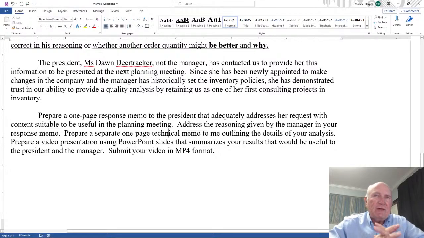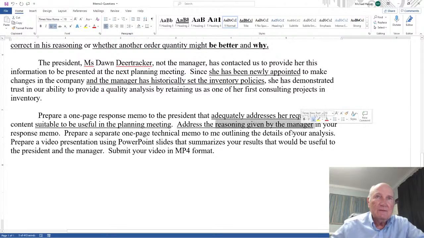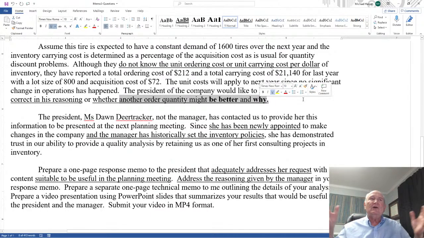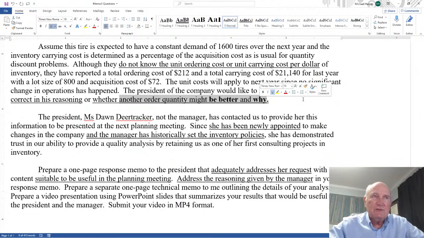Okay, but be very careful that you address the reasoning and you give them enough information on a quantity that's better and why, and you don't say this is the way to go. You say here are other quantities and here's why they're better. So this is not giving her an answer. It's giving her maybe a series of answers.